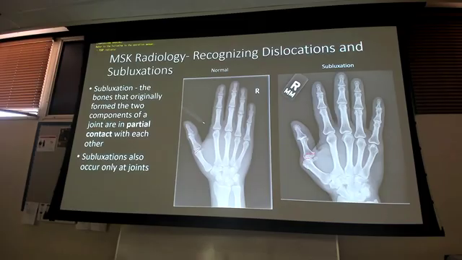There's my subluxation on the abnormal. It's starting to shift and potentially could be a dislocation, but I still have contact. If there's still contact between the two bones that make the joint, it's subluxed. It's not dislocated yet. It needs to be completely removed.